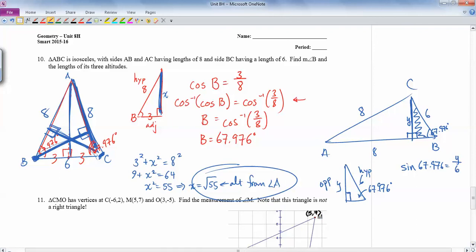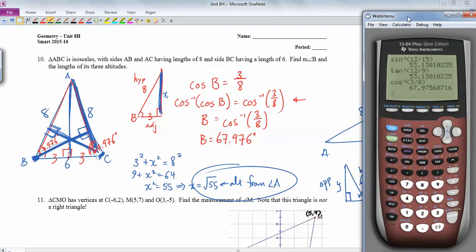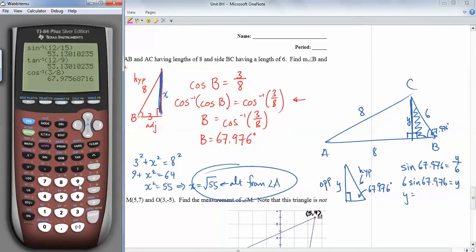And in this case, I'm solving for that number on top. I can just multiply the 6 over. 6 sine 67.976 equals y. And if you plug that into your calculator, so it's 6 times sine of, now the answer is already here with all the decimals, so instead of rounding it, I'm just going to come up here and hit enter on that, and it cuts and pastes it, and there's my answer.